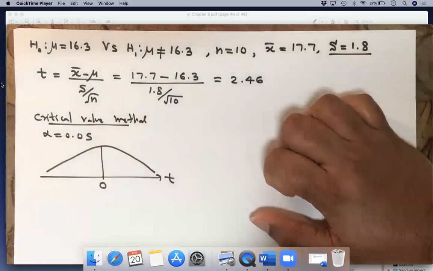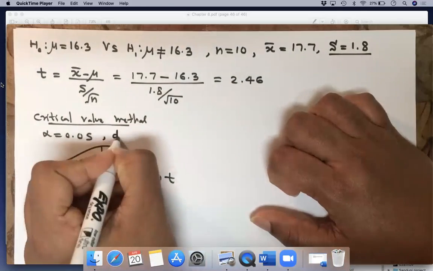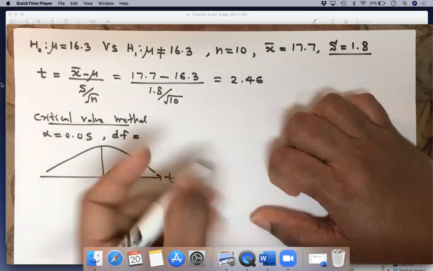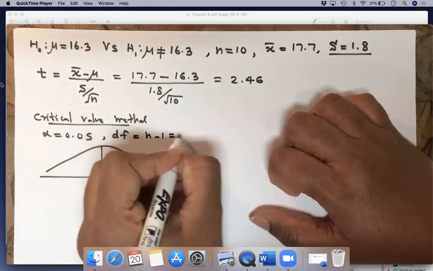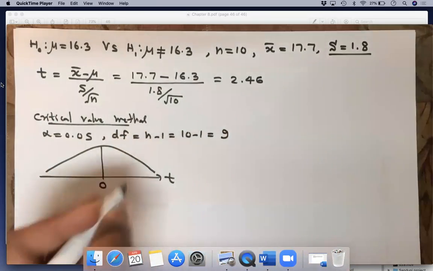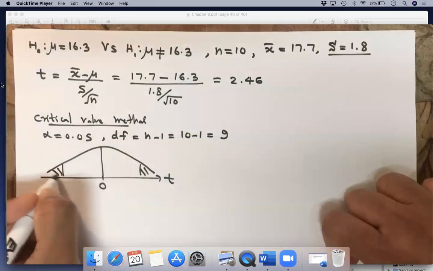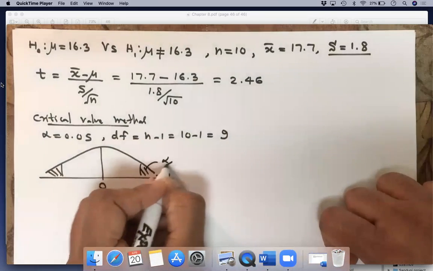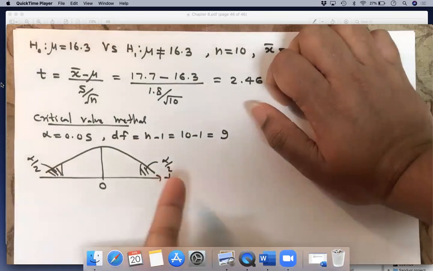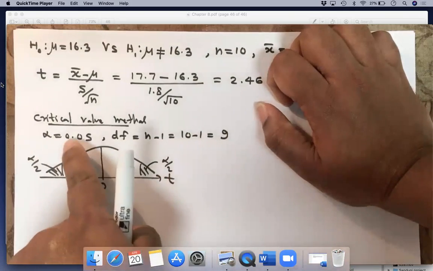Alpha is 0.05. If you want to get the critical values, you need degrees of freedom also. It's n minus 1, so 10 minus 1 is 9. Now we have a two-tail test, so one side is alpha over 2, the other side is alpha over 2. But you don't need to find alpha over 2. Just pick the value of alpha.